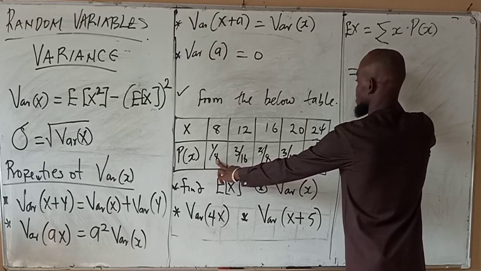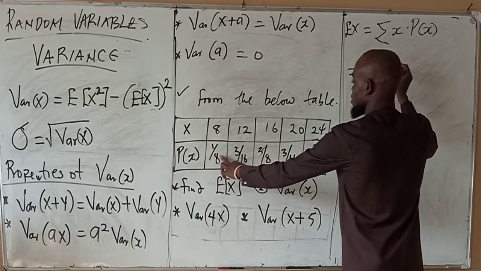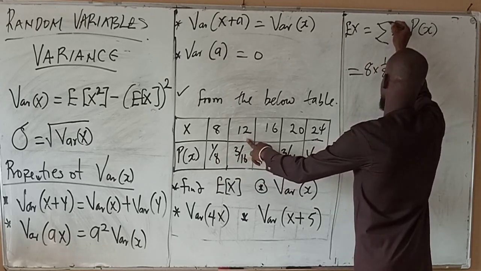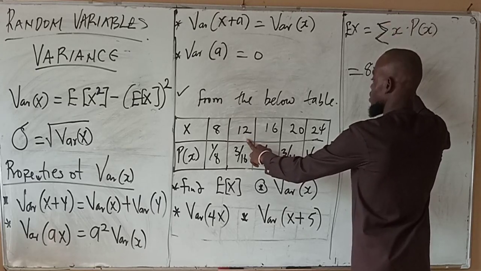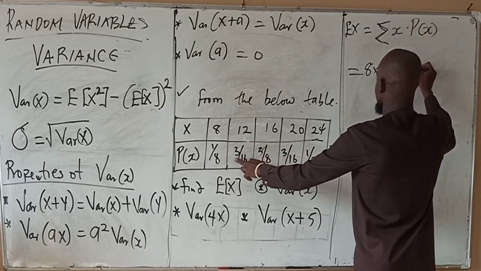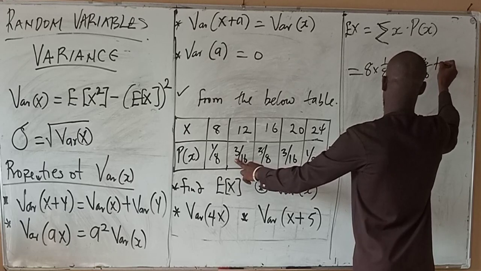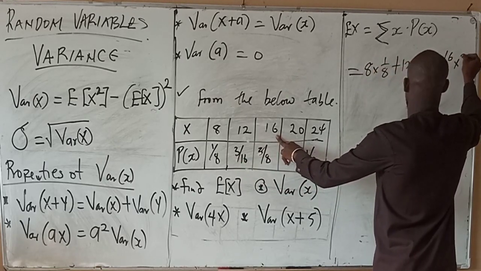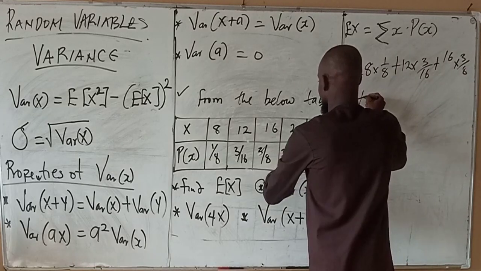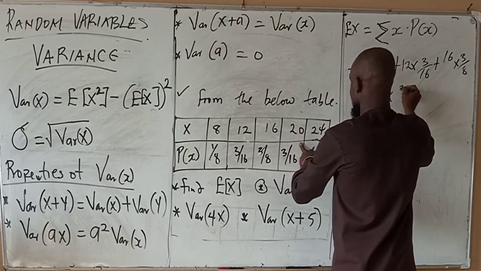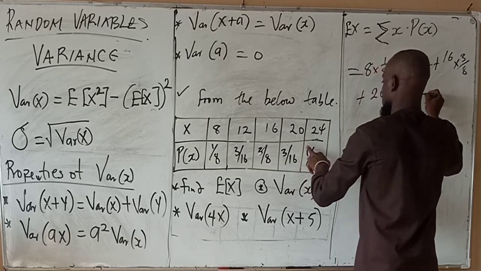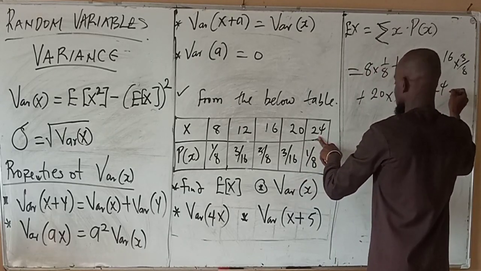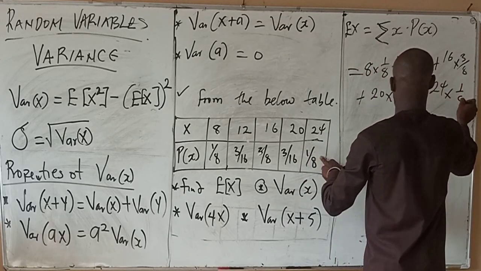That is 8 times 1 over 8, plus 12 times 3 over 16, plus 16 times 3 over 8, plus 20 times 3 over 16, plus 24 times 1 over 8.